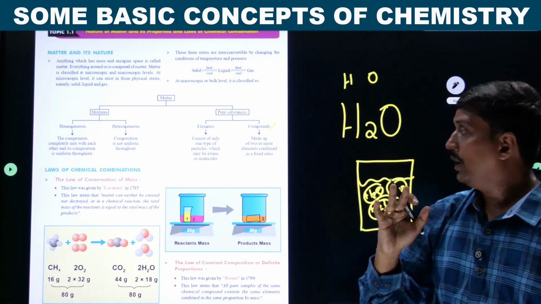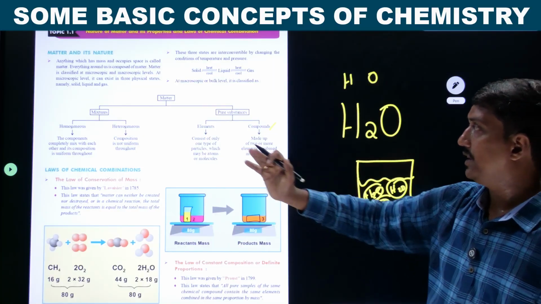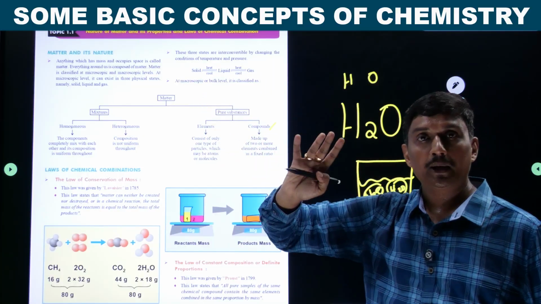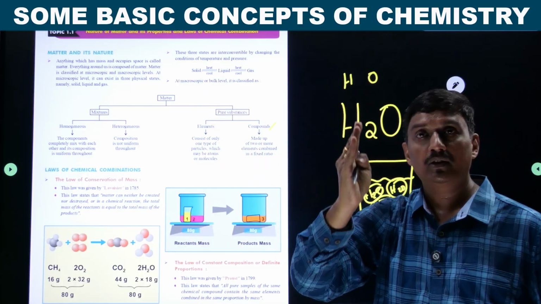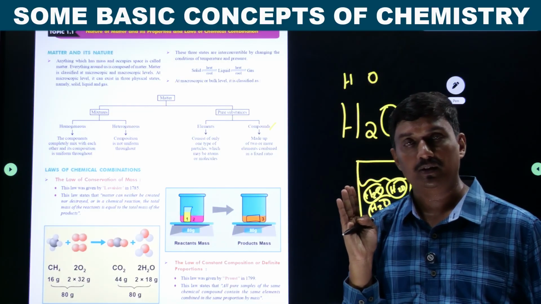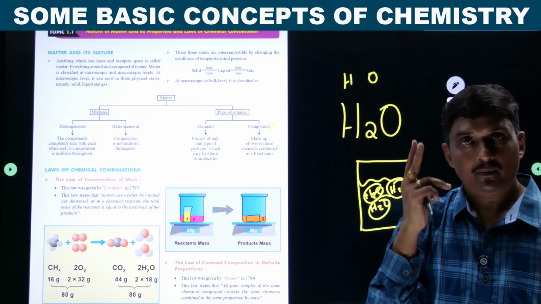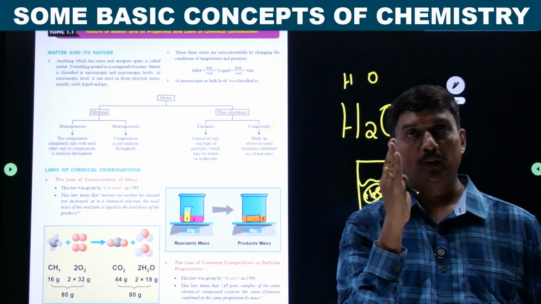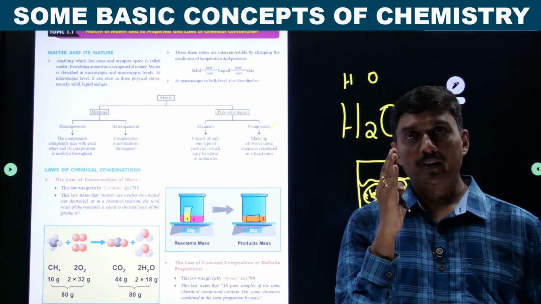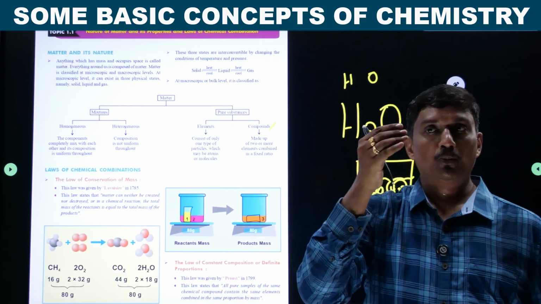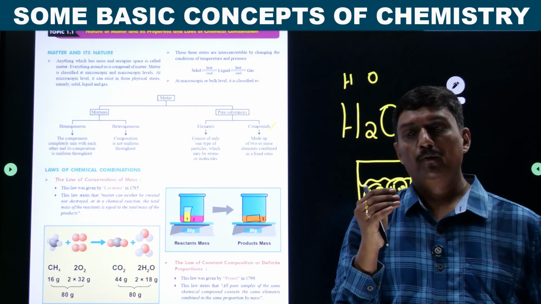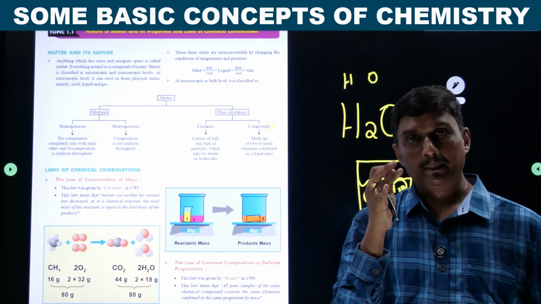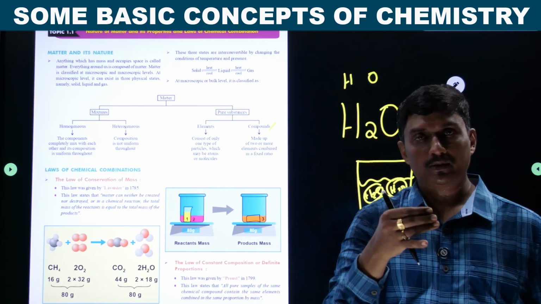This is how we can differentiate matter into two types. One is a mixture, another is a pure substance. Under mixture, we studied two things. One is homogeneous. What is a homogeneous mixture? A homogeneous mixture is one where the composition remains the same throughout the solution.